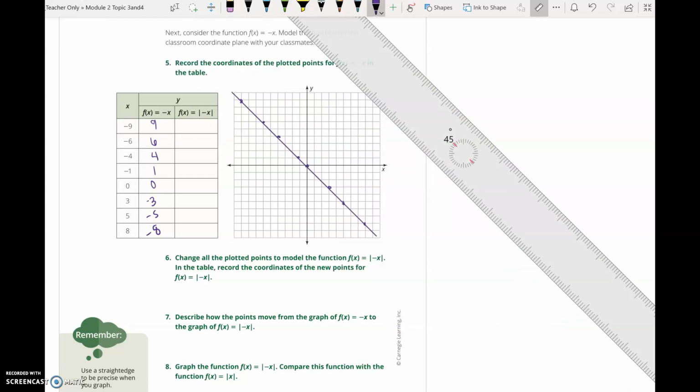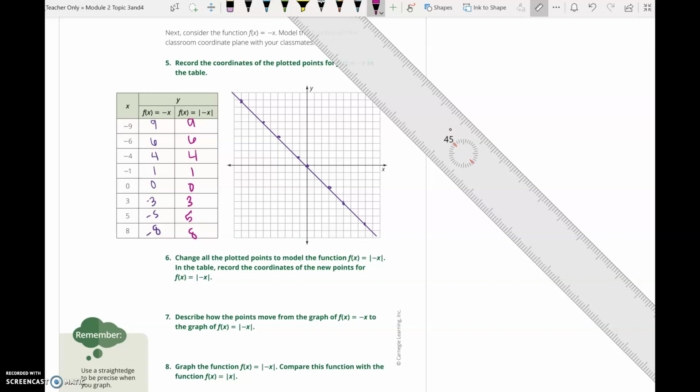Now, if we turn this into an absolute value, it really doesn't matter what the sign is inside that absolute value, because whenever we take the absolute value, it's going to turn positive, okay? So if we take the absolute value of -9, that's going to become still everything positive.